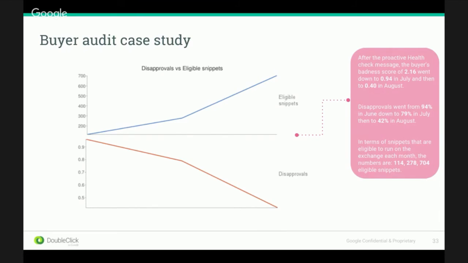As the badness score went down, the eligibility went up, to 278, and now in August it was at 704. So we ask you to comply with our policies, but we are also proactive in reaching out to you to ensure your optimum performance on the ad exchange.